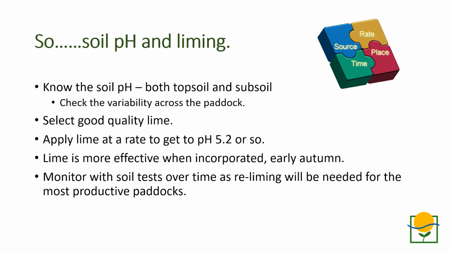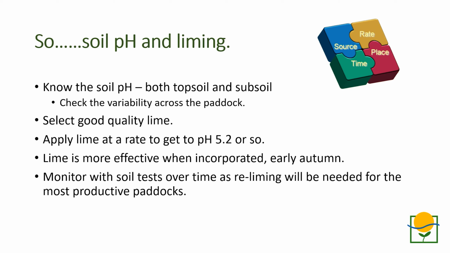So where does that leave us with soil pH and liming? Well, the first thing to know is the soil pH, both in the topsoil and in the subsoil. It's also important to assess the variability of pH across the paddock and to consider a variable rate lime strategy. We should also be thinking about selecting good quality lime and applying that lime at a rate to get to pH 5.2.